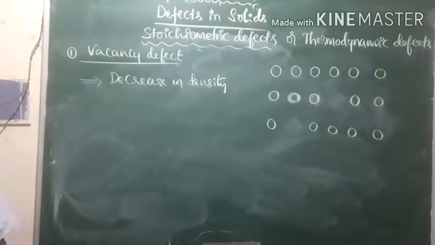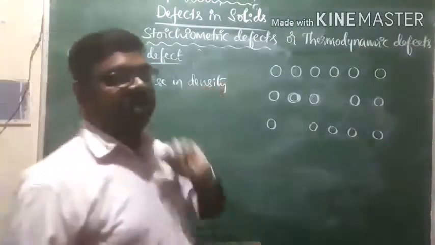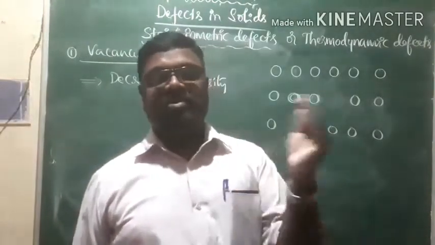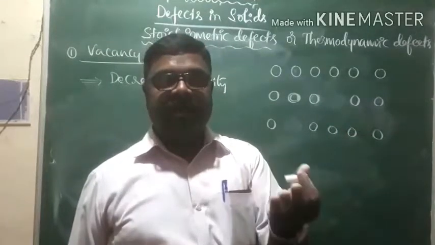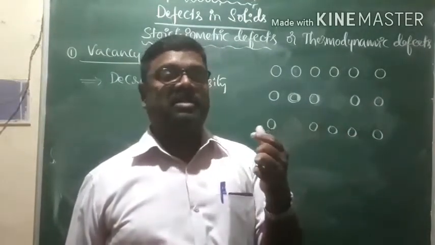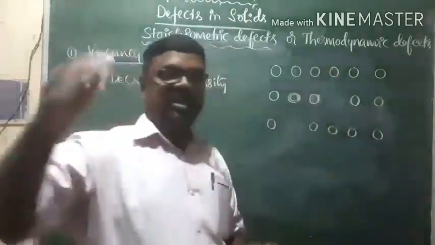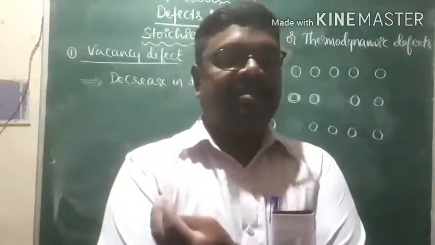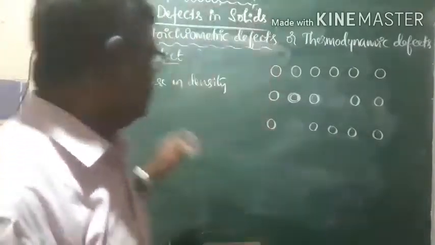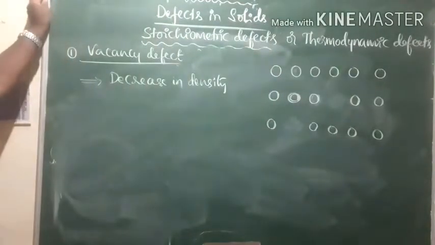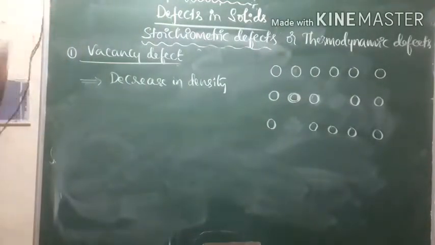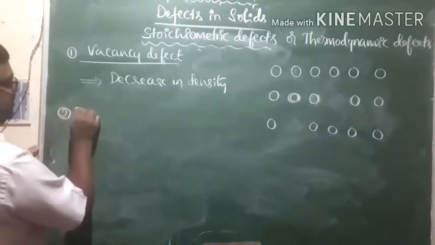And of course, you can also expect that the mechanical strength of the given crystalline solid decreases, because if there are imperfections here, it directly affects mechanical strength. That is what we call vacancy defect. I hope that is clear. Next, the second one is interstitial defect.